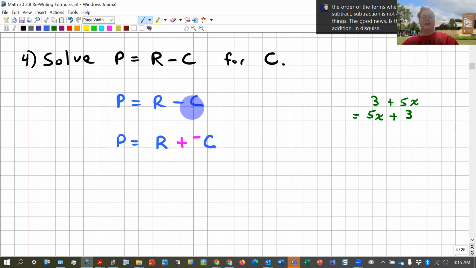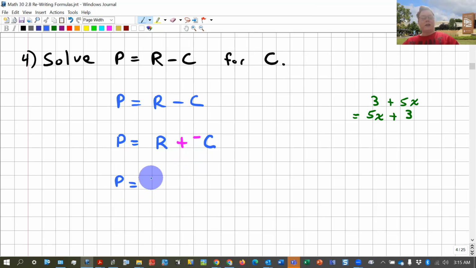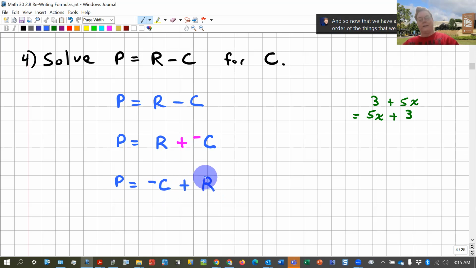Subtracting C is the same as adding the opposite of C. And so now that we have addition, we can change the order of the things that we are adding, the terms that we are adding.